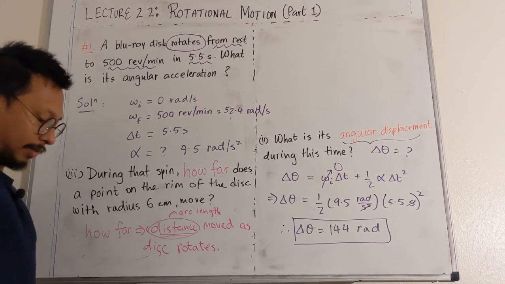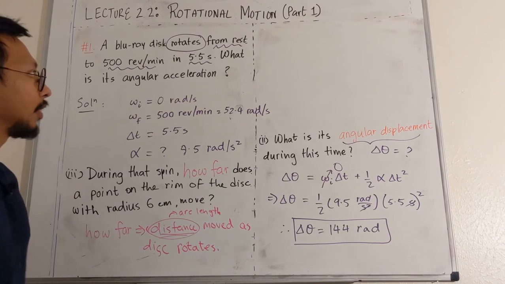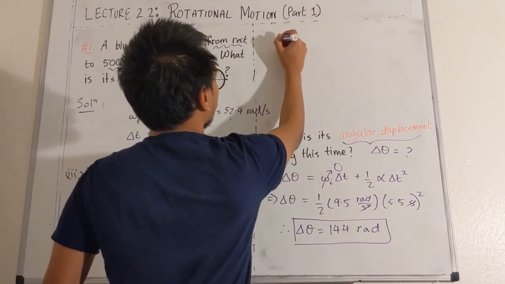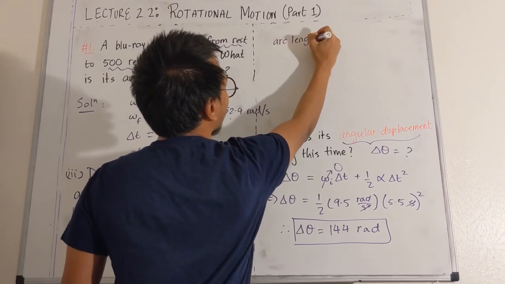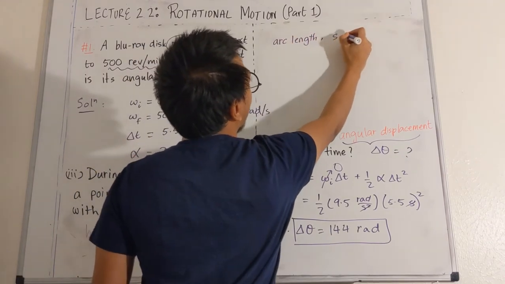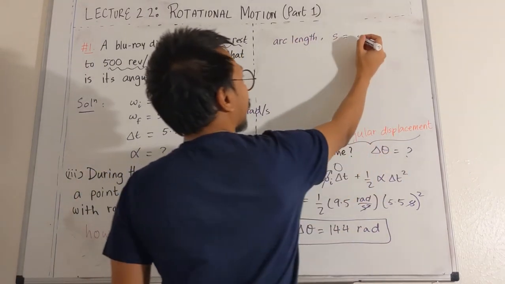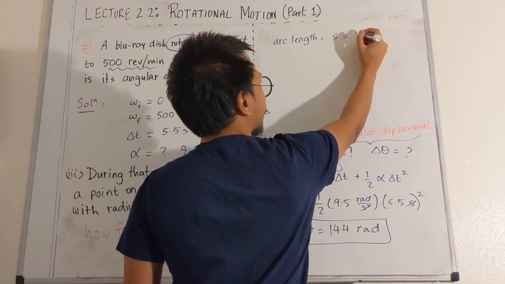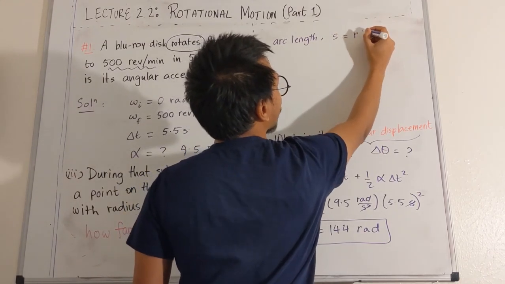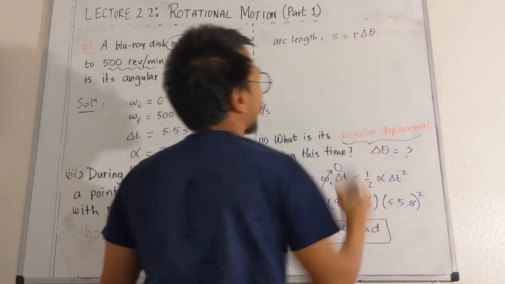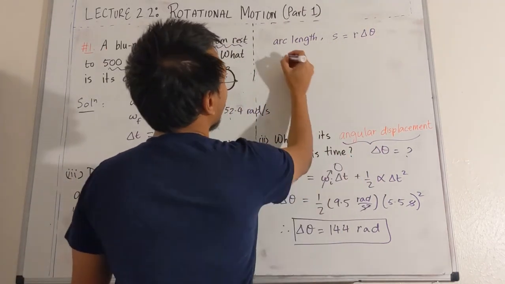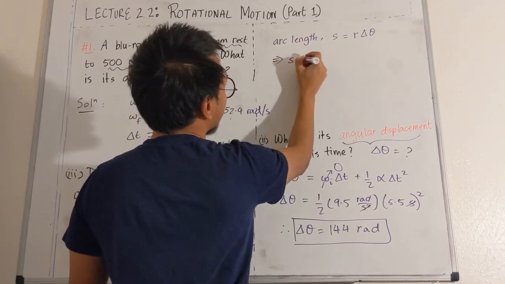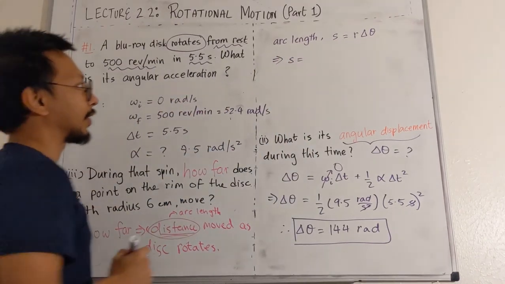And we know that arc length is denoted by S and related to our angular position. S equals radius times the change in angular displacement. Therefore, we can calculate what S is, and that is what the question is asking.